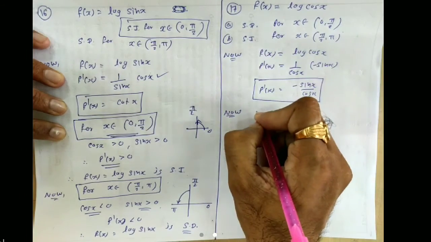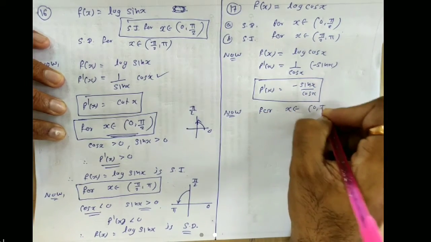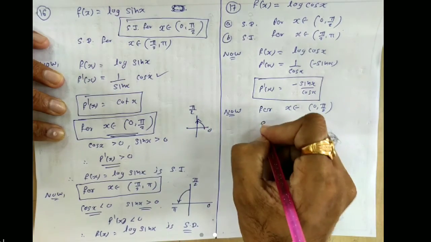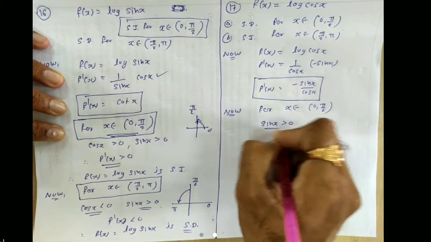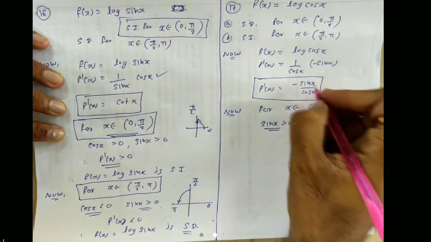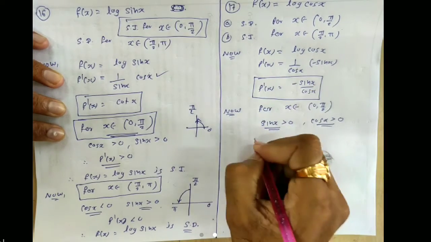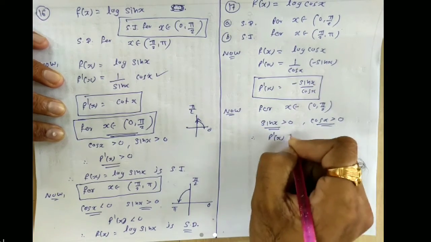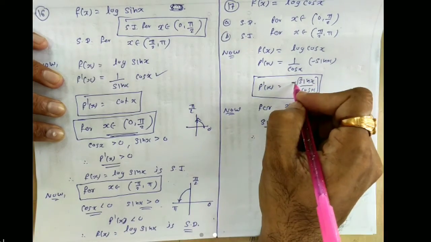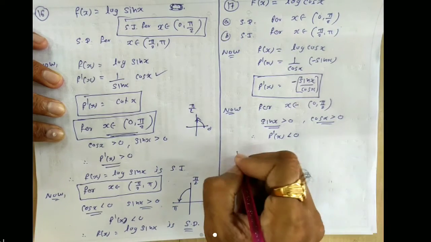So now first for x belongs to 0 to pi by 2, this is the first quadrant. For the first quadrant, sin x will be greater than 0, as well as cos x also greater than 0. Sin x and cos x both are positive, so this quantity remains positive, but the sign is negative, so f dash x overall is negative, less than 0.